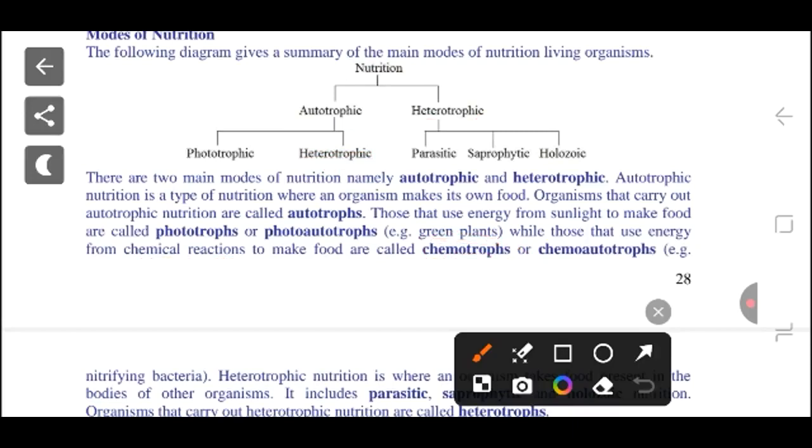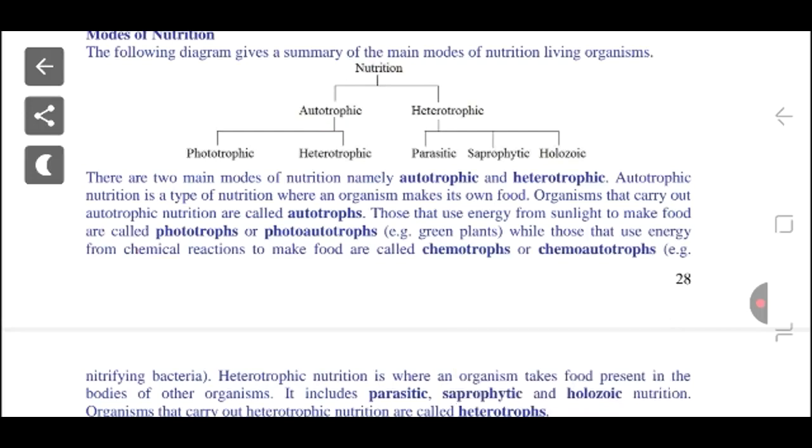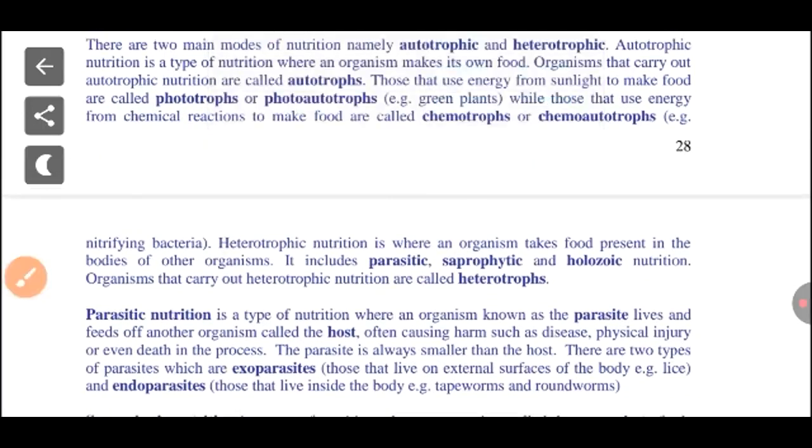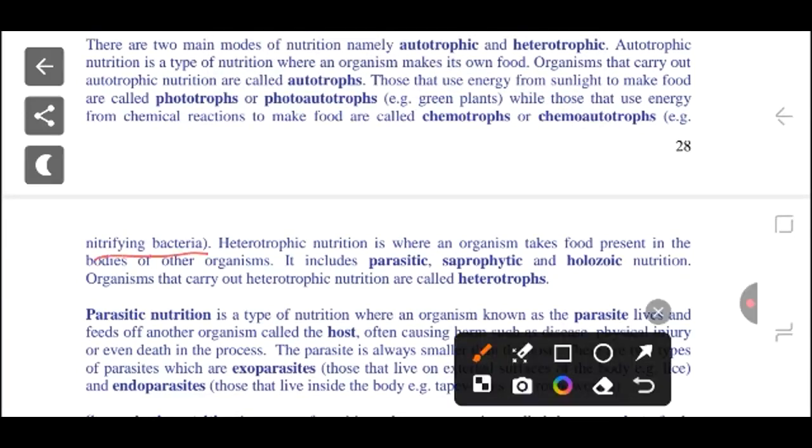So it's supposed to be chemotrophs under autotrophic nutrition. For example, nitrifying bacteria is an example of a chemotroph.